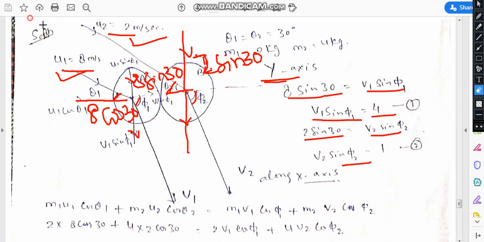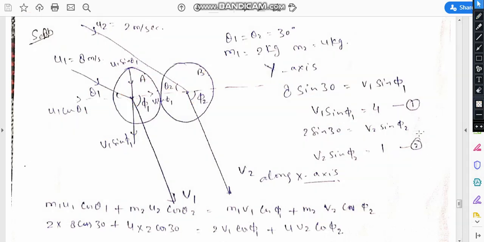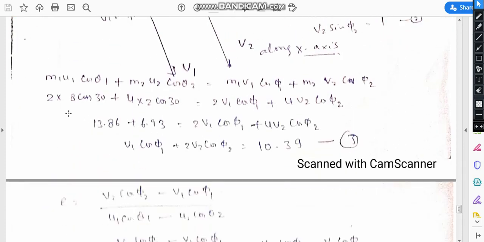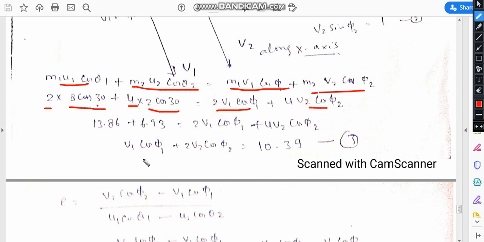Now along the x-axis, m1 u1 cos theta 1 plus m2 u2 cos theta 2 equals m1 v1 cos phi 1 plus m2 v2 cos phi 2. So this is 2 into 8 cos 30 and 4 into 2 cos 30, and this gives the equation v1 cos phi 1 plus 2 v2 cos phi 2 equals 10.39.